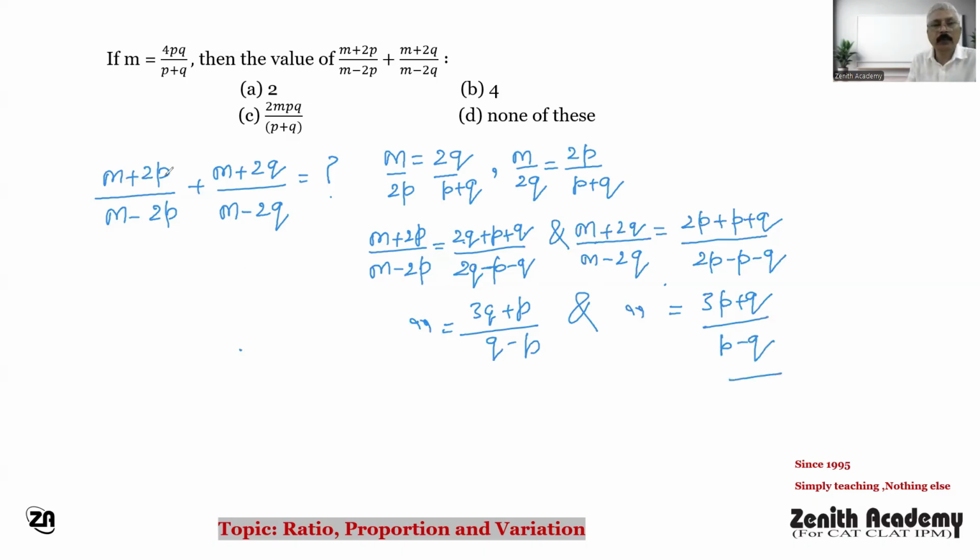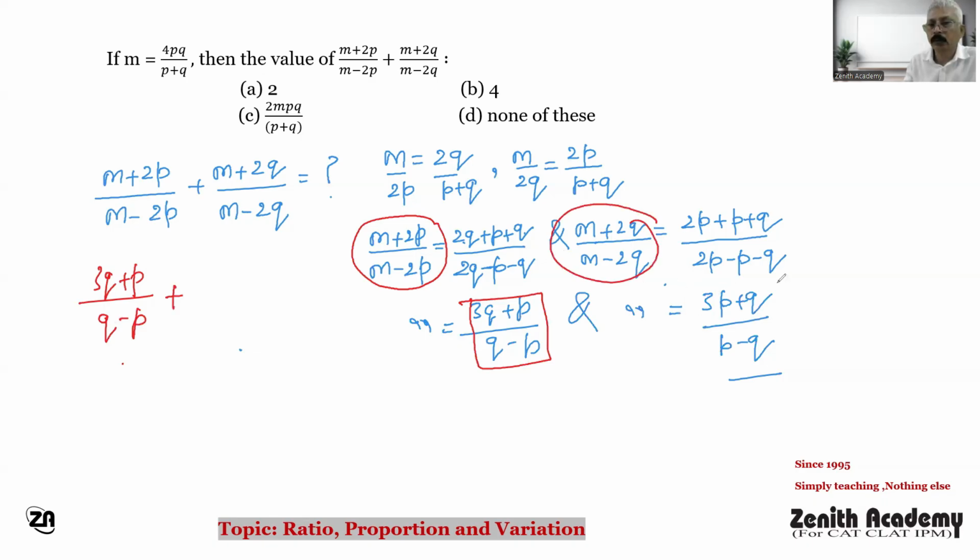So now this m plus 2p upon m minus 2p, m plus 2q upon m minus 2q, this you can put 3q plus p upon q minus p plus 3p plus q upon p minus q.